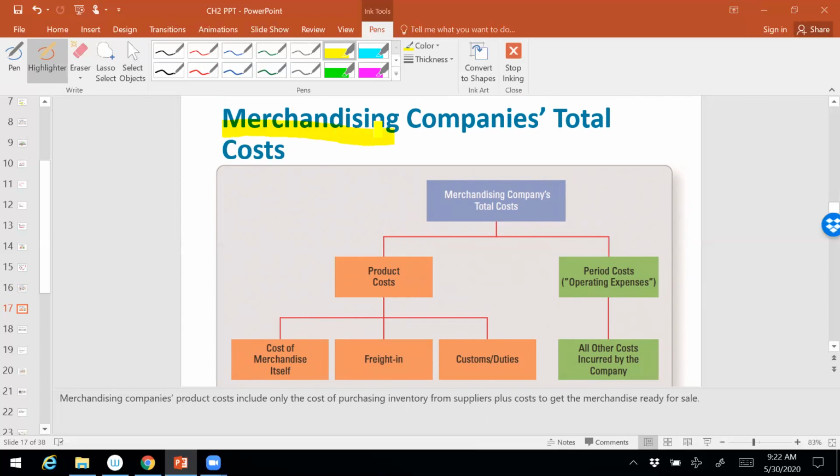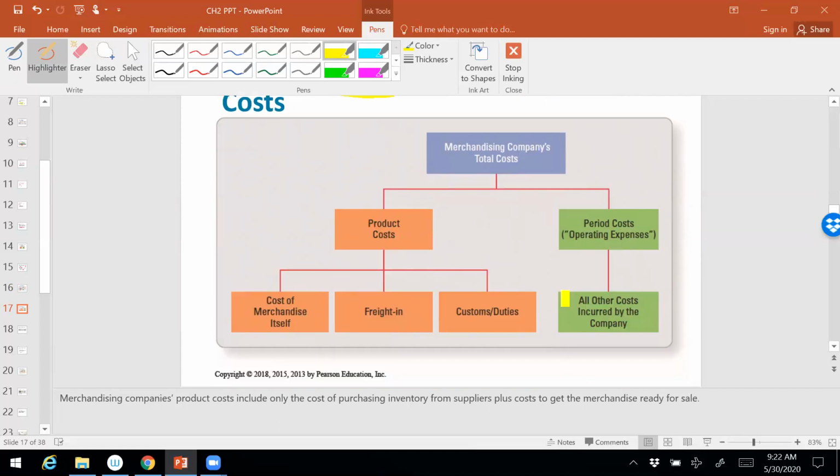We separate the cost into product cost and period cost. Product cost for merchandising also has three parts. One is the merchandise itself. Target bought the cereal from the manufacturer, so the first cost will be the purchase price of that cereal.